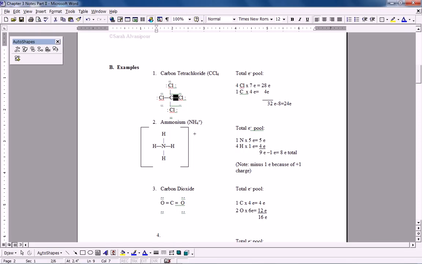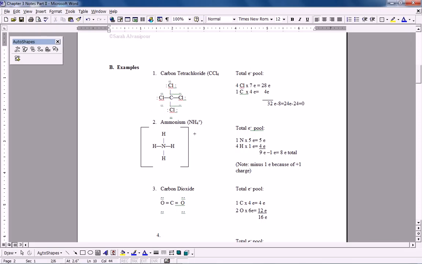So we'll add 3 lone pairs. Here's 1 pair, 2 pairs, 3 pairs, that's 6. We'll add 3 pairs, or 6 electrons to each chlorine, and along with the 2 from the bond, we'll give them each 8. So I'll add 6 electrons to each of those 4 chlorines, and that will be 24 electrons, and there we go.